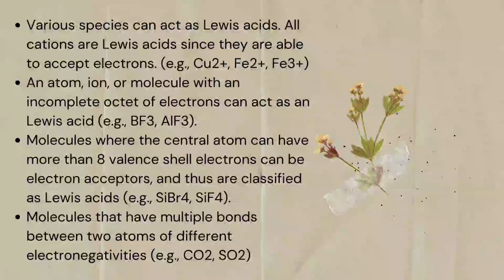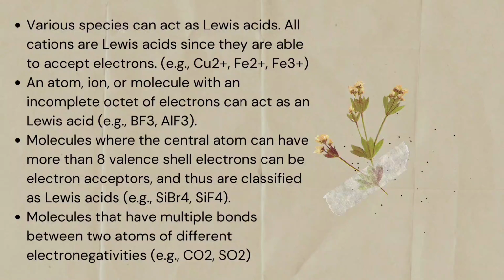Various species can act as Lewis acids. First, all cations are Lewis acids since they are able to accept electrons. Example: copper 2+, iron 2+. Second, an atom, ion, or molecule with an incomplete octet of electrons can act as a Lewis acid.